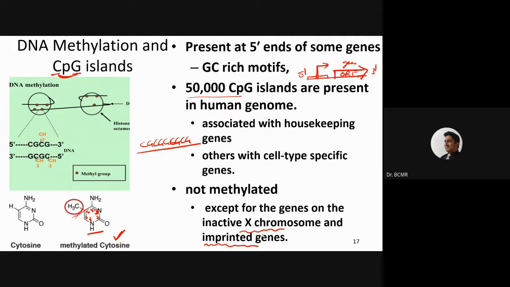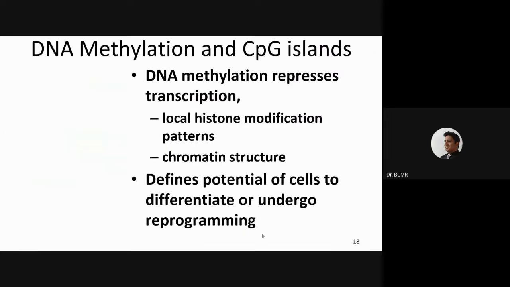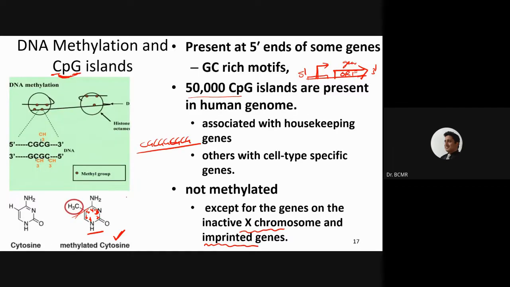And they can affect how gene expression happens, if it happens or not. So DNA methylation occurs within the CpG islands, and I would also want you to remember this: methylation happens on the 5th carbon of cytosine.